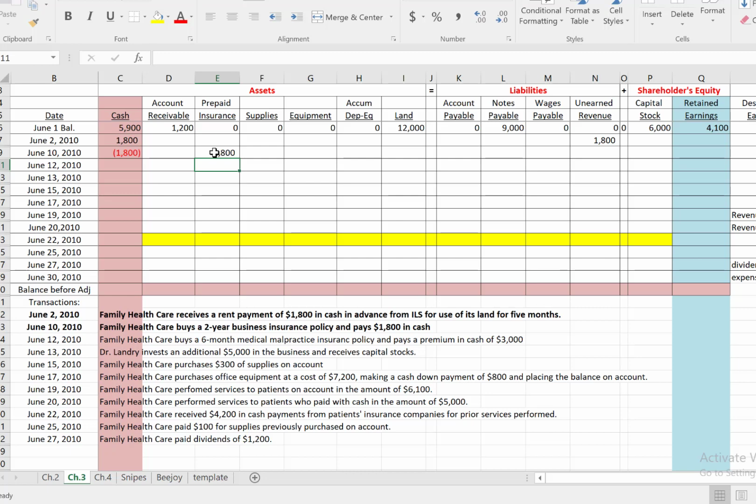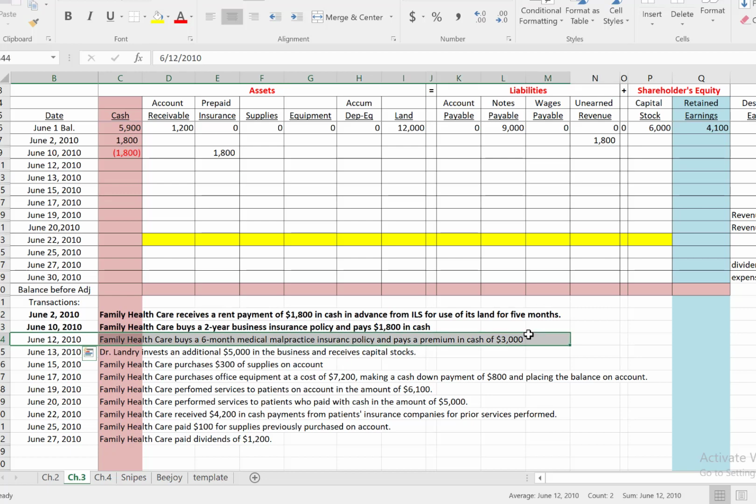But at this point, as insurance is one of those resources that expires over time, at the very beginning of the transaction, we actually do not have an expense. We have a resource or an asset. Very similar to what we see right here. So what we see is Family Healthcare buys a 6-month medical malpractice insurance policy and pays a premium of $3,000.